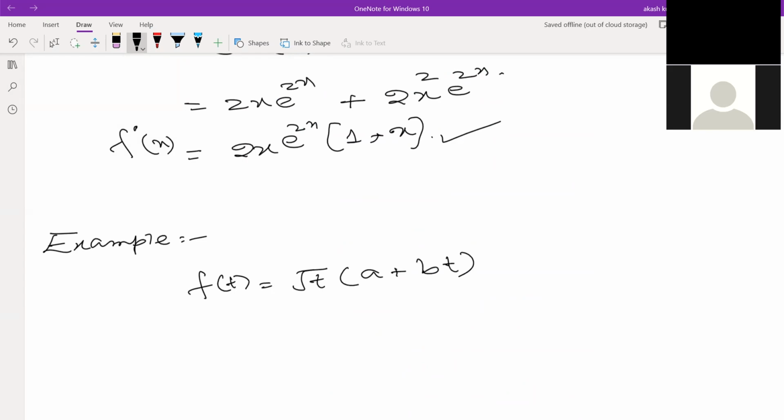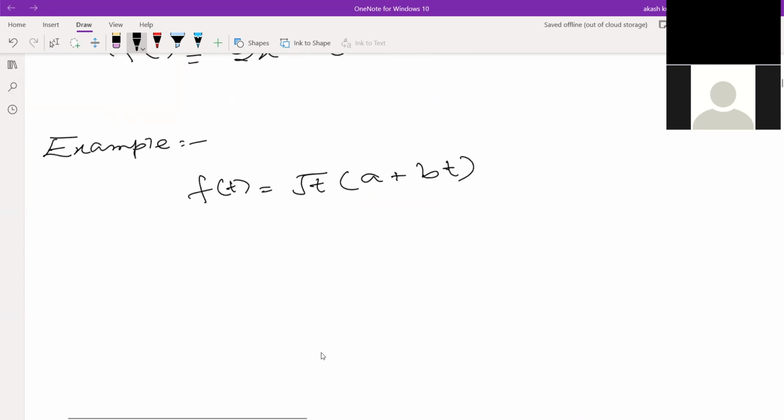So square root t times a plus bt. This is the function that is given to us, and we have to find out f dash of t. Again, this is one function, this is another function, right?